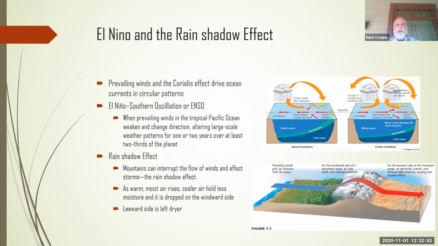The other thing I want to talk about is the rain shadow effect. Because of the geography here in Southern California, we have north-south running mountain ranges. Most of our air comes from the ocean and blows inland, although things like the Santa Ana are a bit different.